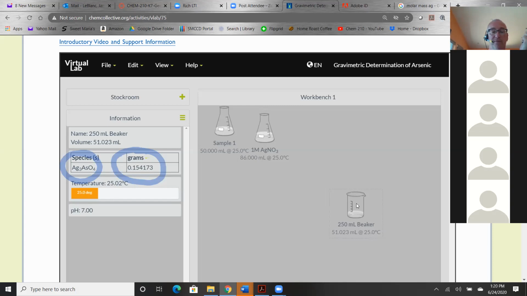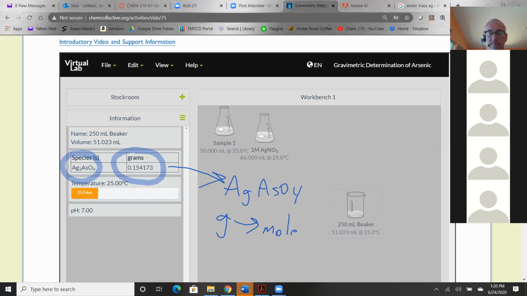Then you're going to take the grams of silver arsenate, and you're going to convert the grams to moles. Okay? Figure out how many moles of arsenate there is.